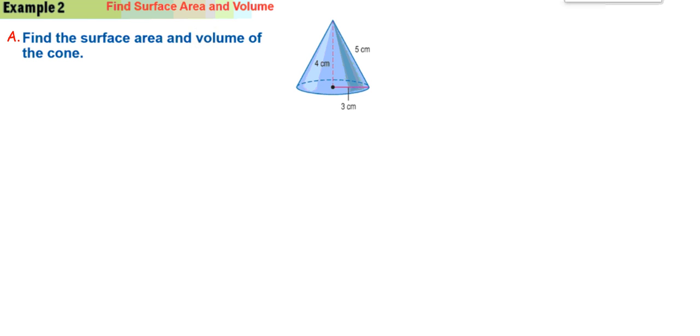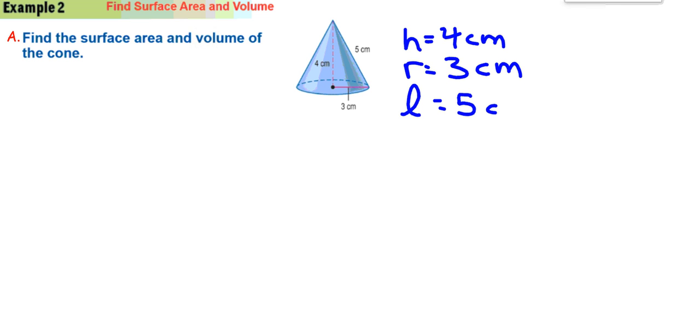So it has two heights: the height from the bottom middle to the vertex, which is 4 centimeters, and the radius of the circle is 3 centimeters, and then this slanted height L is 5 centimeters.